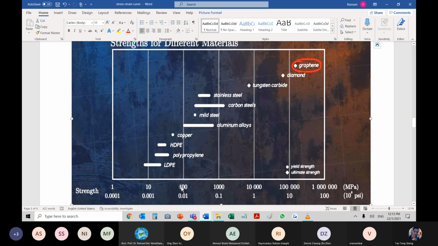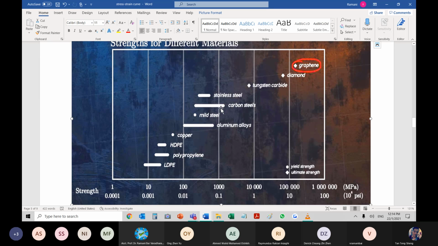It may range from 100 up to, anybody who is looking at the slide? Aluminium can go up to 1000? No, 800 megapascals. 1000 does not reach here. The bar stops here, right? About 800 megapascals. Mild steel is exactly at 200 megapascals.